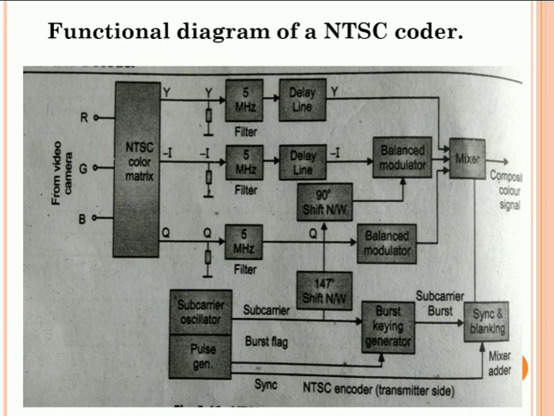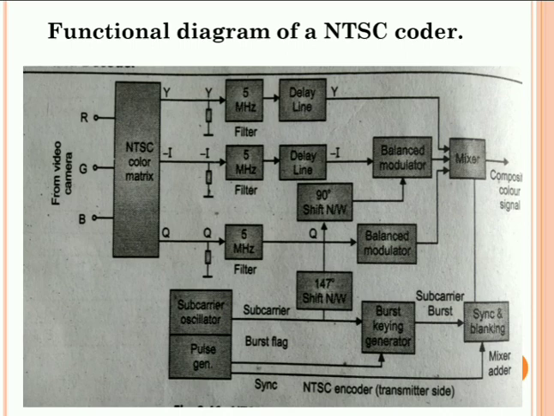NTSC is National Television System Committee. In the NTSC, today, first of all, we will see the functional diagram of the NTSC coder, or we can call it the encoder also. This is the diagram of the NTSC encoder. We capture the video from any camera.